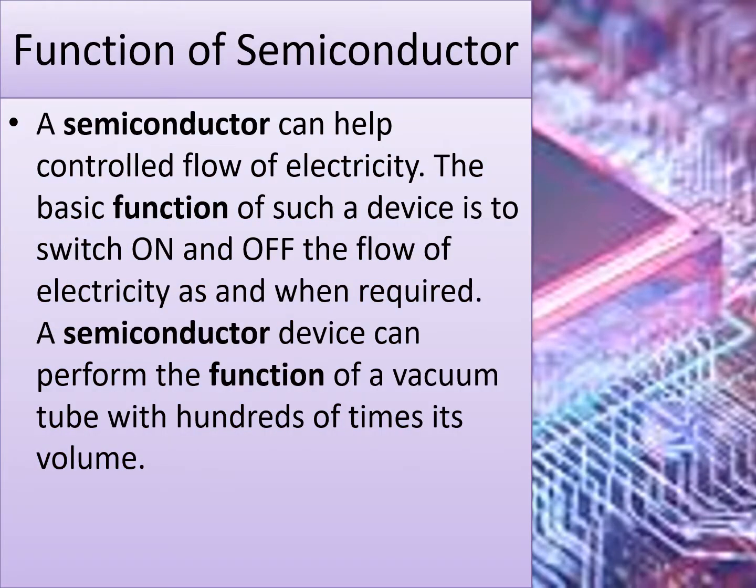And now I will explain about function of semiconductor. A semiconductor can help control flow of electricity. The basic function of such a device is to switch on and off the flow of electricity as and when required. A semiconductor device can perform the function of a vacuum tube which is hundreds of times its volume.